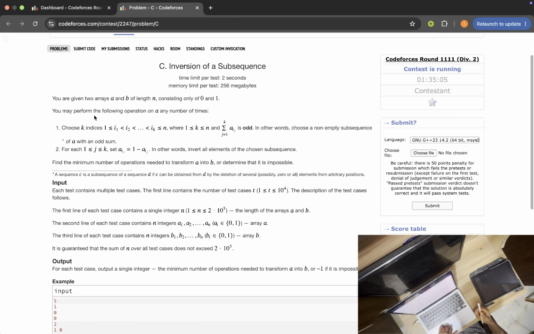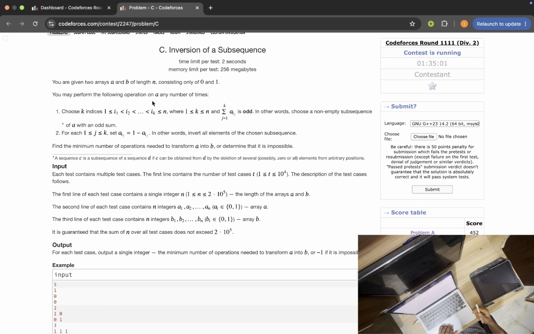Okay, you are given two arrays A and B of length N, consisting of 0 and 1. You may perform the following operation on A any number of times. Choose k indexes between 1 and N where the sum of them is odd.